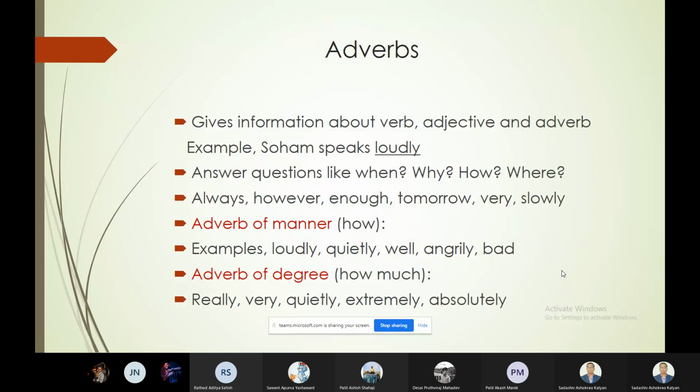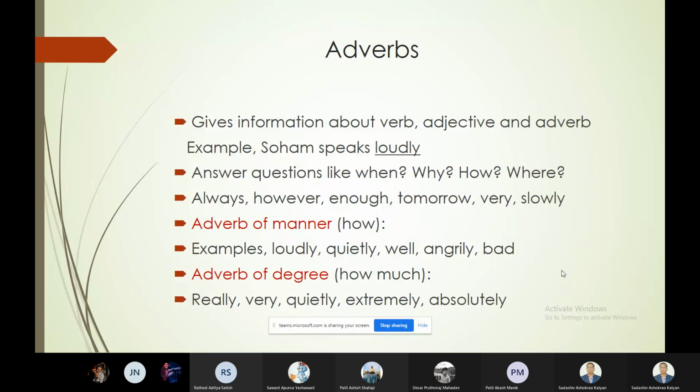For example, Soham speaks loudly. How is he speaking? The underlined word loudly is considered an adverb in the given sentence. And whenever we give the answers to questions like when, how, why, where, the answers to all these questions are also considered adverbs in our sentences.